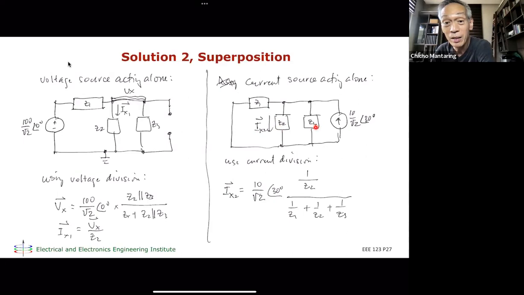But since there are three, we have to use the current divider formula. Once you have Ix1 and Ix2, you can now get Ix, with the two sources acting together: Ix1 plus Ix2. And that's how you use superposition.